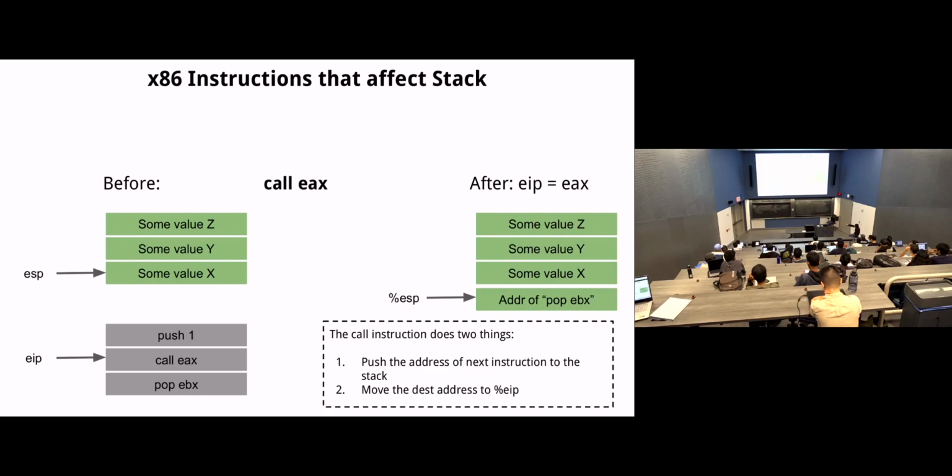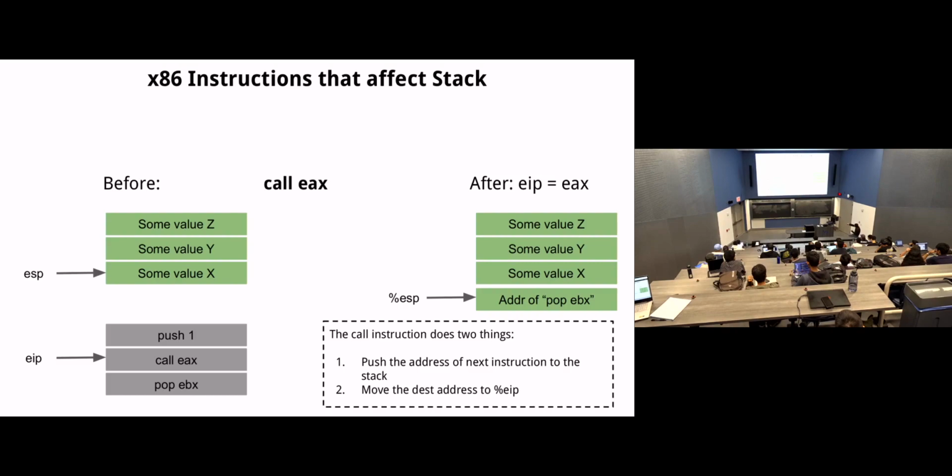Now we're going to execute this instruction, which means the instruction pointer register EIP points to this instruction. This is what the stack looks like. ESP points to X. After we execute this instruction, the instruction will first push the next instruction's address to the stack.